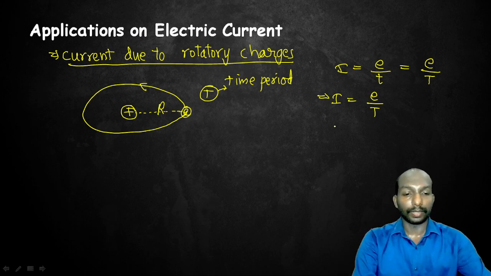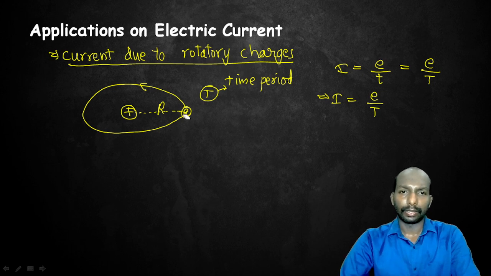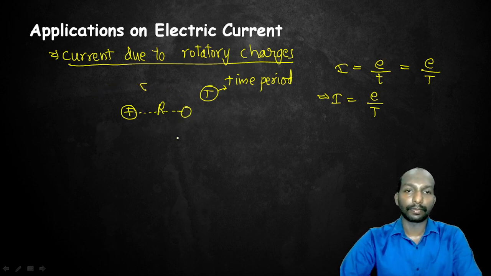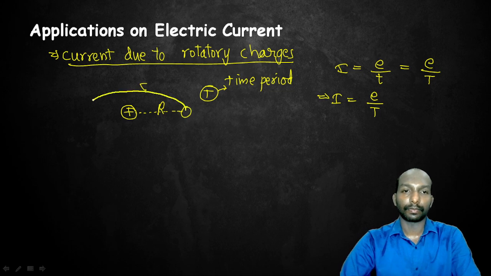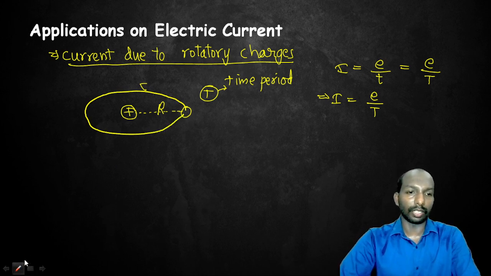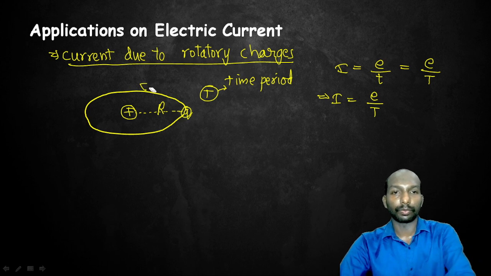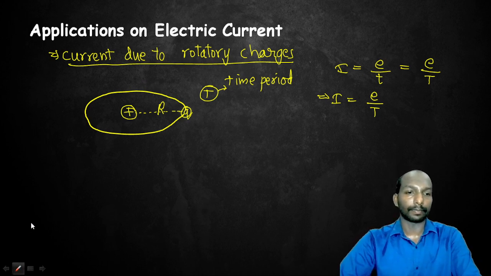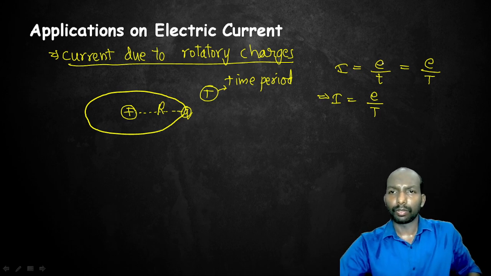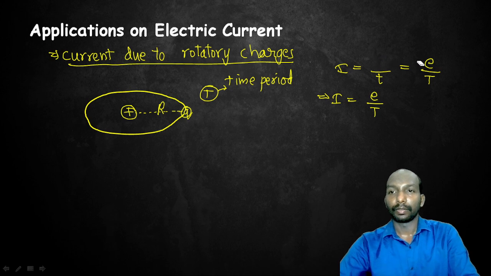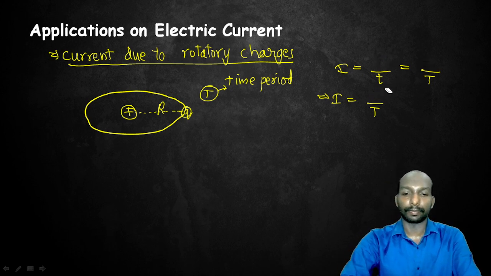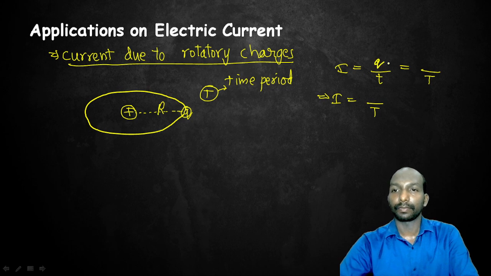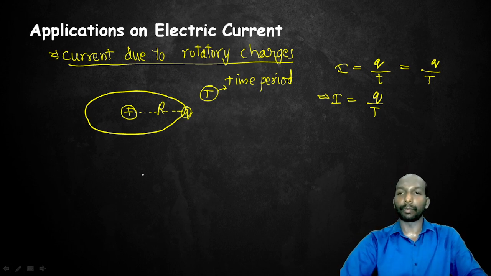Let me take a generalized case with some charge Q. It will be Q by T, the amount of charge by time taken.